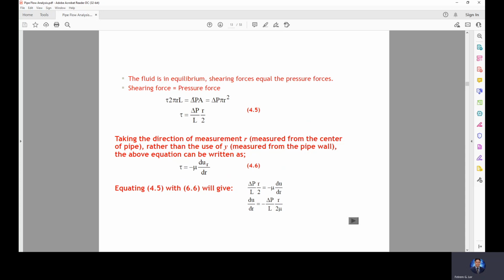That is what we equate to derive the shear stress. Taking the direction of measurement R, measured from the center of the pipe, then this is the shear stress in a pipe in a laminar flow.